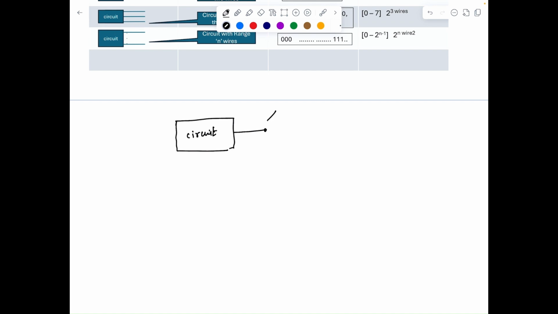When I try to measure the voltage in this wire, the possible values will be either 5 volt or 0 volt. I have one wire, and the possible values are two values. You can see the correlation here: basically, it is 2 power the number of wires.